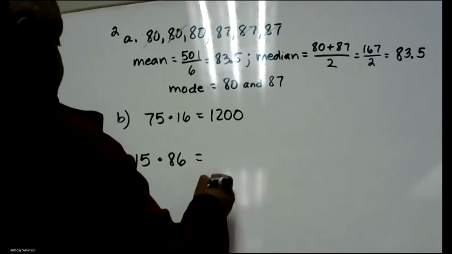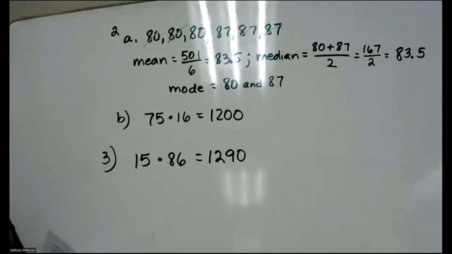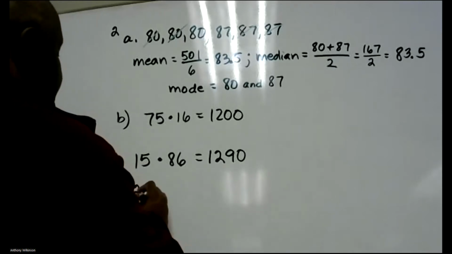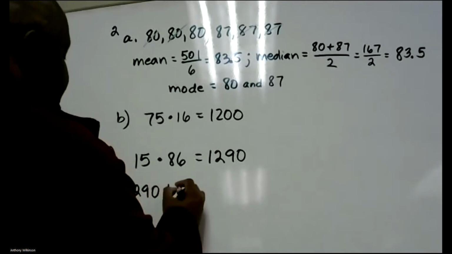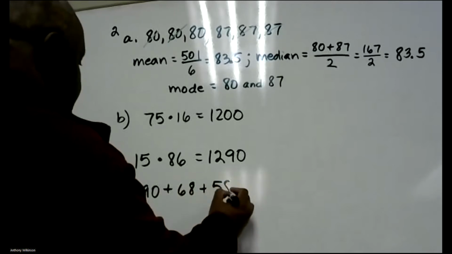So we do 15 times 86, you're going to get 1,290. Okay, 2 more students take the test and score 68 and 58. So that means we need to take that 1,290, add the 68 and the 58 to it.